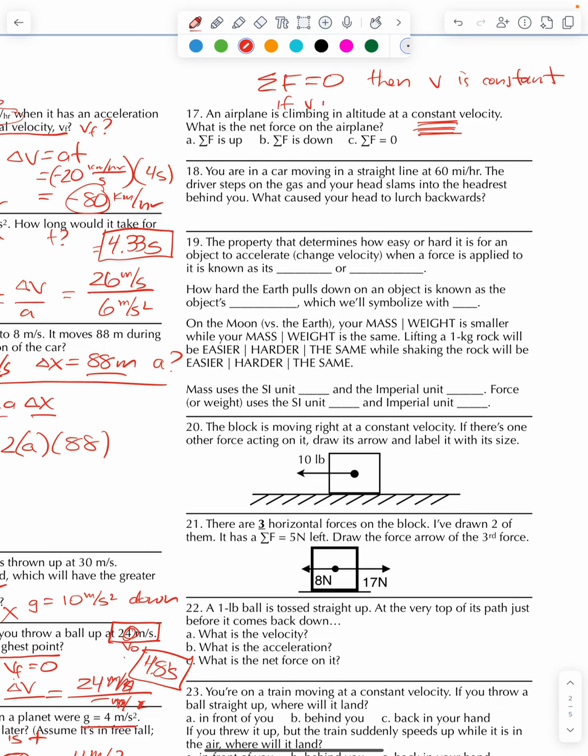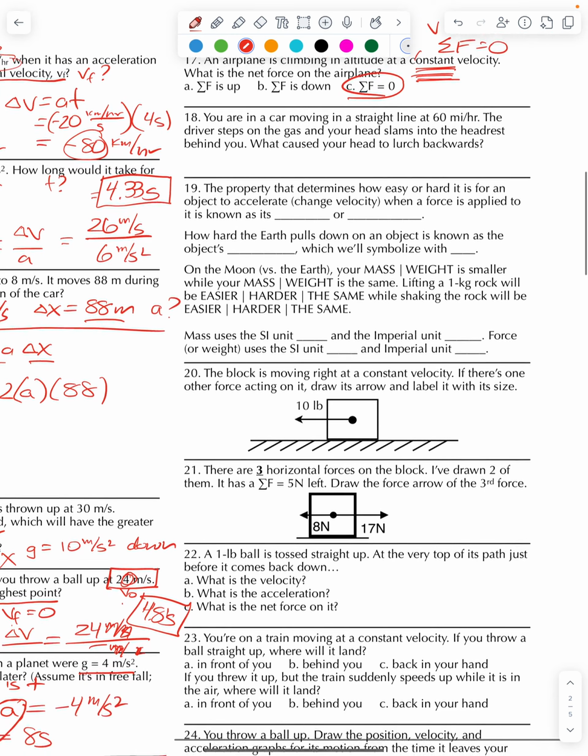If velocity is constant, what does that say about the net force on the object? Net force equals 0. It doesn't matter that it's climbing in altitude. You don't need a net force upwards. If it's climbing at constant velocity, we know immediately that the net force on the airplane is 0. Don't get fooled by that one.